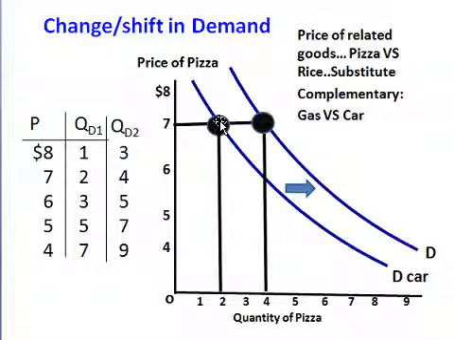We are here. Suppose the price of gas goes down in the market, but the price of car remains unchanged, because the car is our target variable.